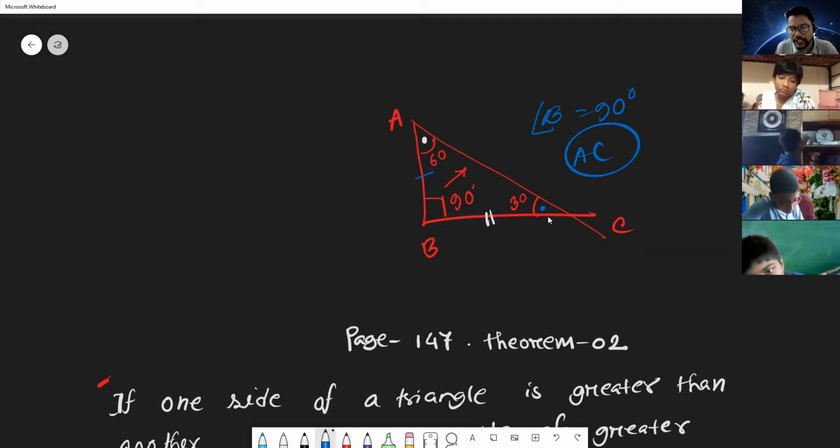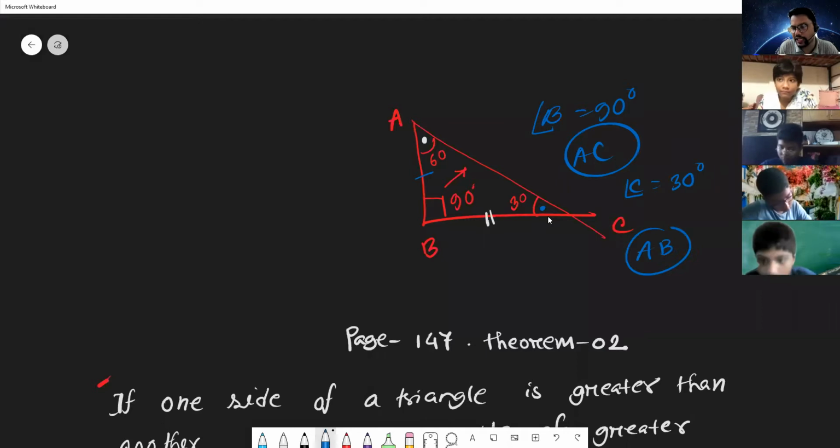Here the smaller angle is 30 degrees, angle C equals 30 degrees, so its opposite side will be smaller than any other side. That means the theorem gives us the information: the greater angle's opposite side will be greater, and at a smaller angle, the opposite side will be smaller.